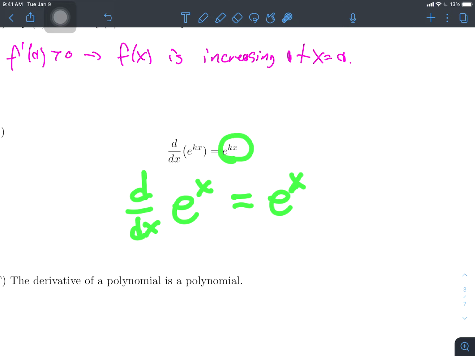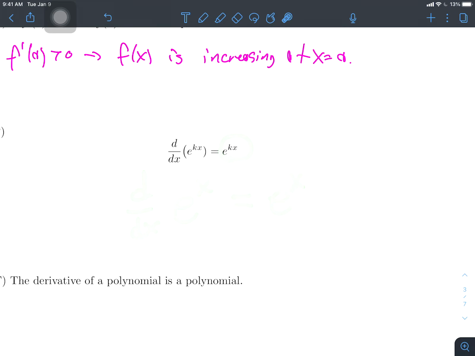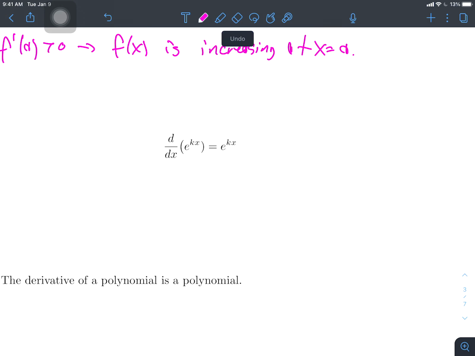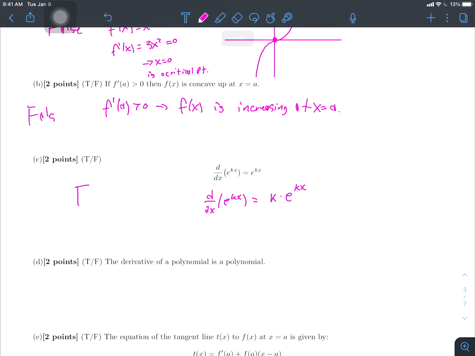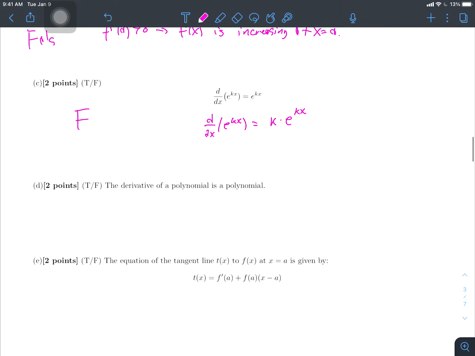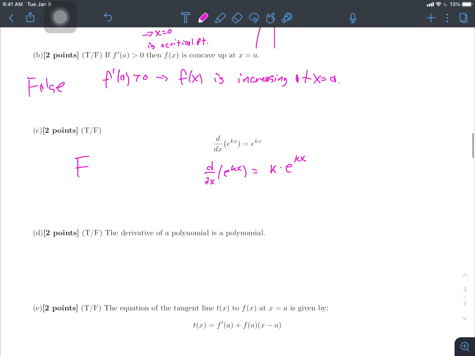When we have e to the kx, then we need to either use the e to the kx rule or the chain rule. Whichever way you think about it, the derivative of e to the kx is going to be k times e to the kx. So this one's false as well. I forgot an e on this, false.